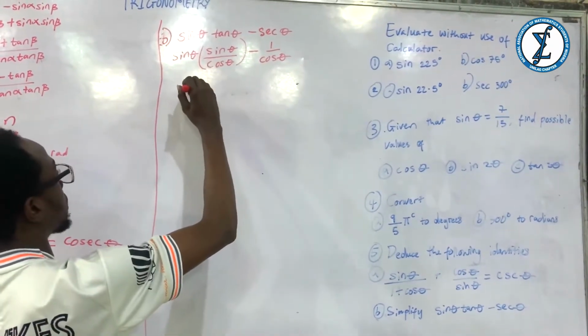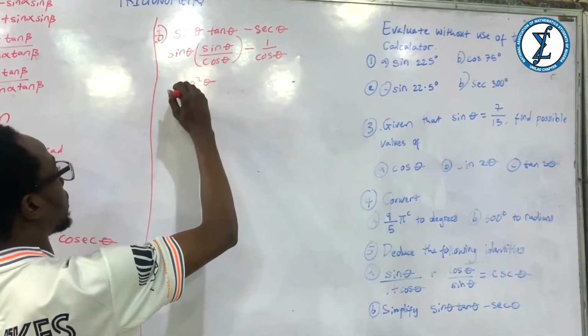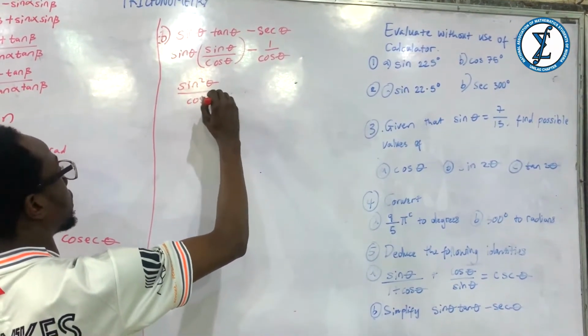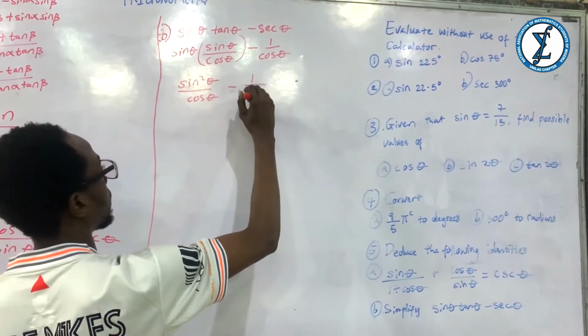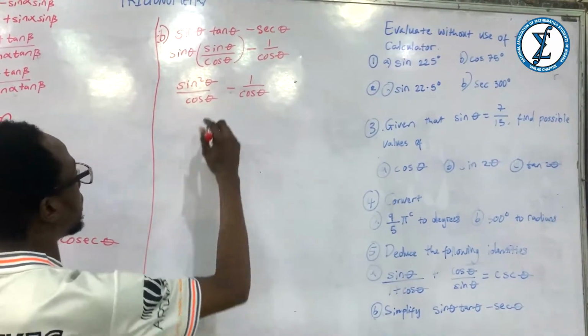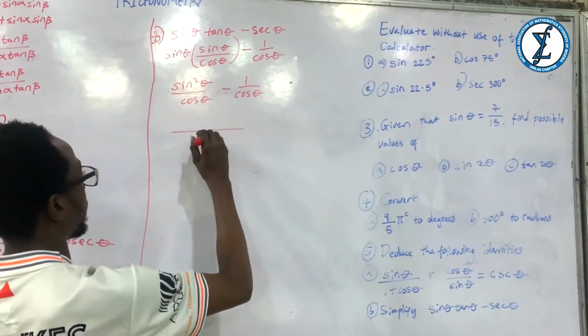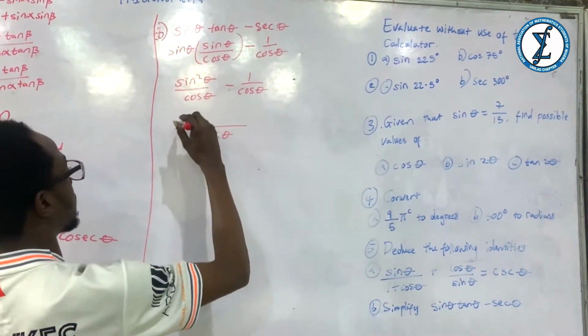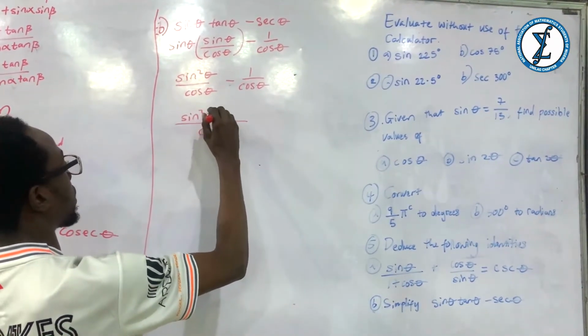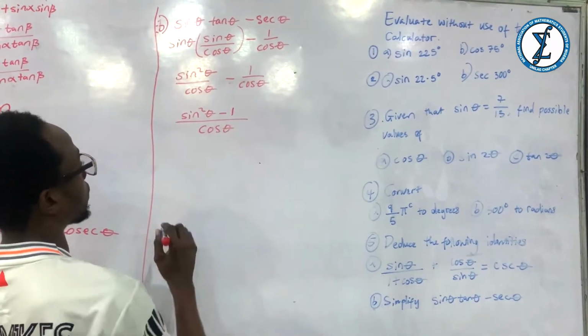So this gives us sine square theta over cos theta minus 1 over cos theta. We have the common denominator, so we have cos theta, then this is sine square theta minus 1.